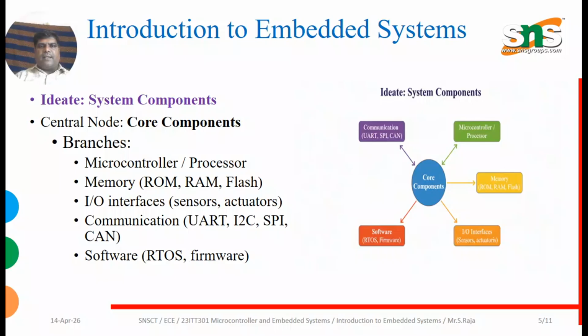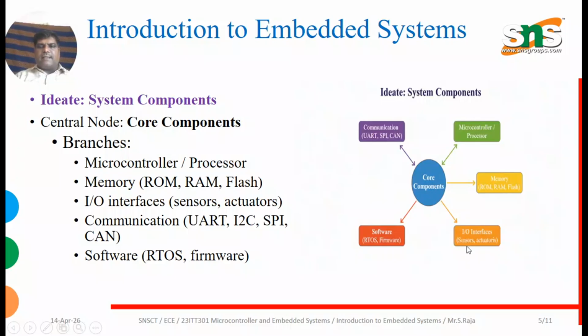Next, ideate. Once you identify this, by modifying some internal components, how can the power efficiency be varied? By using the core components, we can modify the system using a microcontroller or processor, and sometimes we can use memory such as read-only memory, random access memory, or flash memory, and sometimes input-output interfaces such as sensors and actuators.